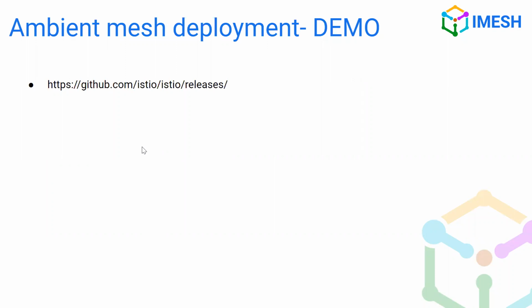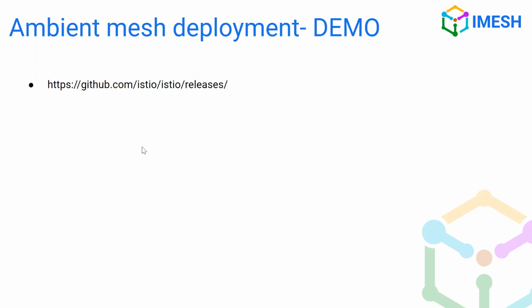For now, one thing to note is that currently ambient mesh is not working with Calico CNI. That is the case with Google Cloud as well as Azure Cloud. For AWS, we'll share those details in a future session.